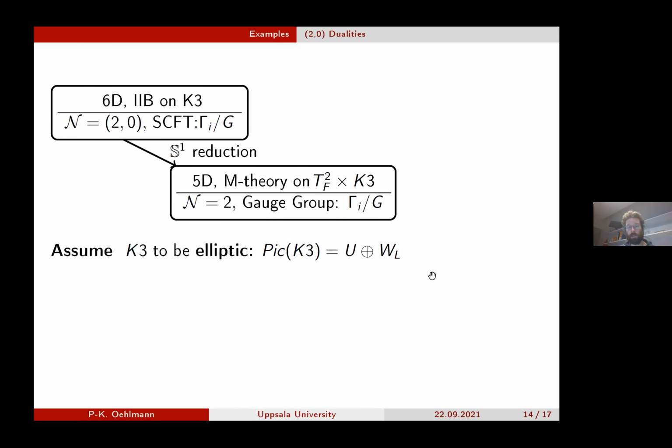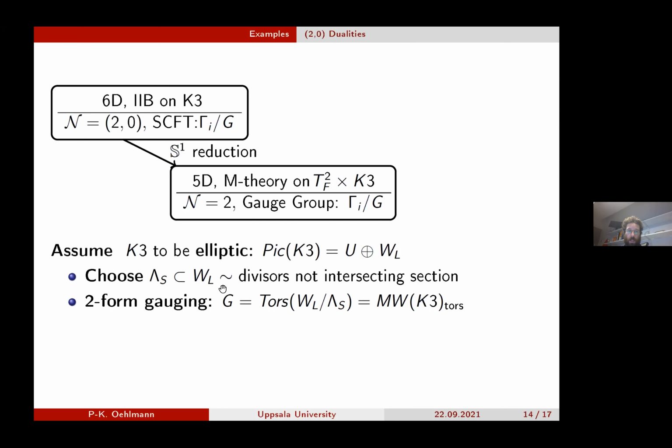So let's now assume that the K3 that you start with is also elliptic. If you do so, that means that the Picard group of the K3 can be decomposed into one of these hyperbolic factors, which essentially amounts to the section at the base, and this so-called frame lattice, which is essentially all the divisors that do not intersect the zero section.